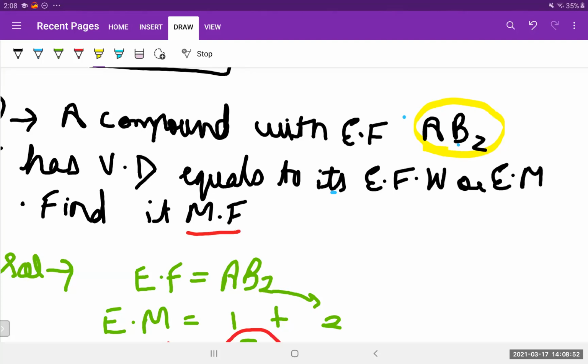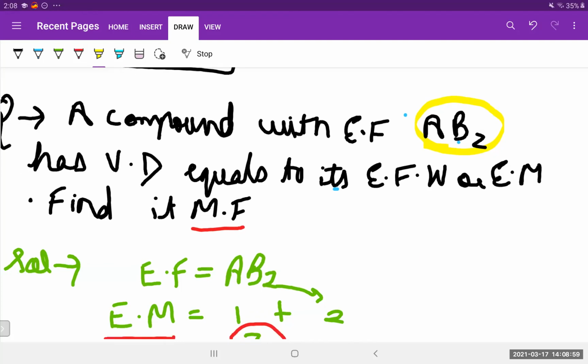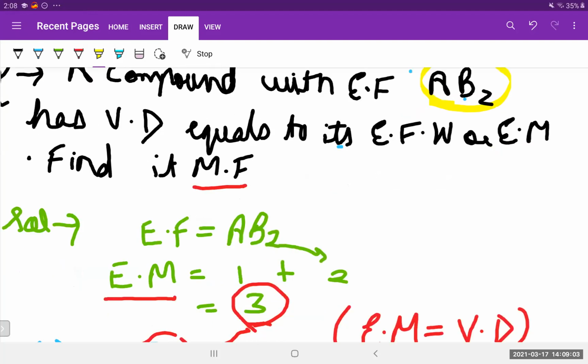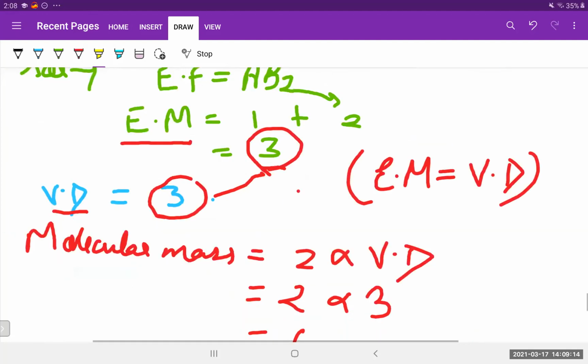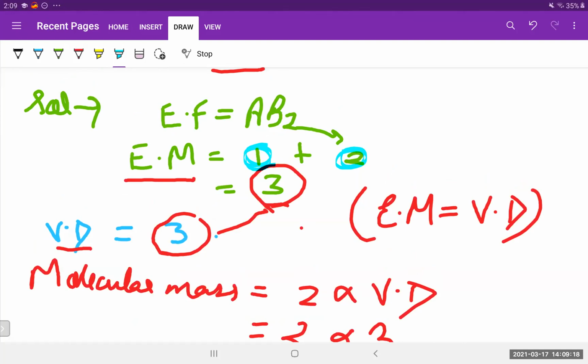If you know the formulas, it's such a basic formula. But the twist here is that the empirical mass will be equal to 1 plus 2 only. That may not have clicked in your mind in the beginning, but whenever you see AB2, you just calculate the empirical mass by adding the numbers. A is 1 and B is 2.